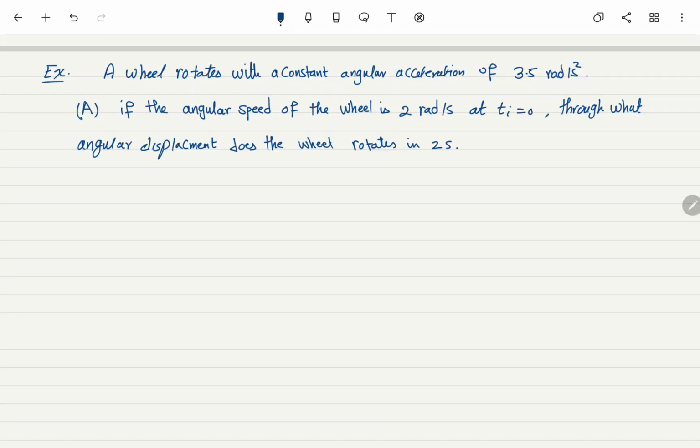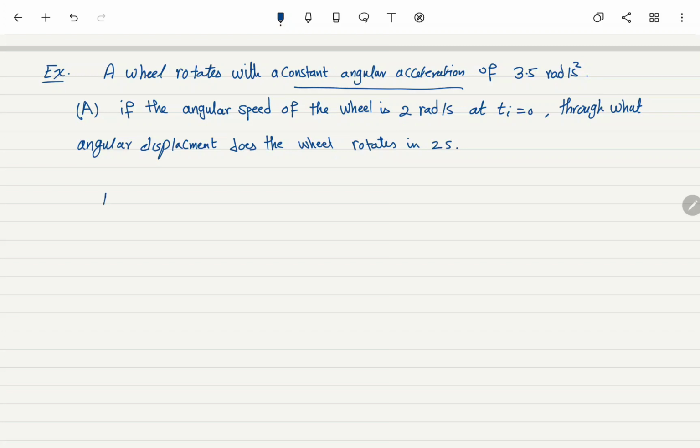Example: a wheel rotates with a constant angular acceleration of 3.5 rad per second square. A, if the angular speed of the wheel is 2 rad per second at t equal to 0, through what angular displacement does the wheel rotate in 2 seconds? Since we have constant angular acceleration, we can use the equations of motion for rotational motion.